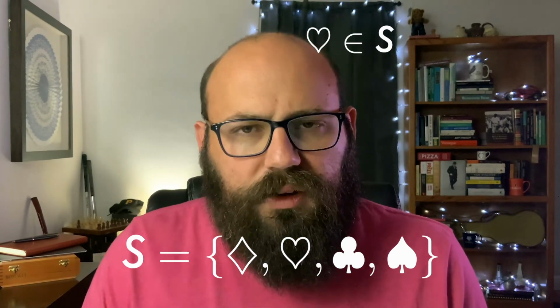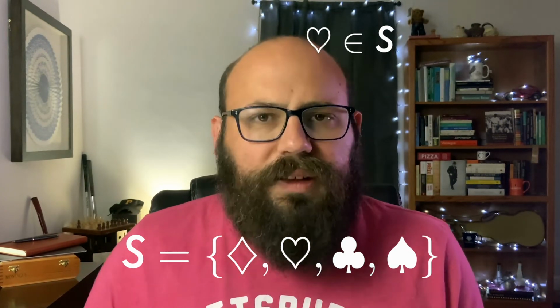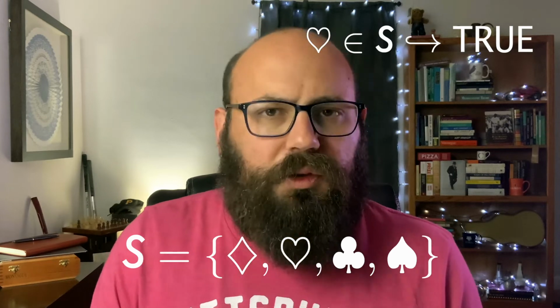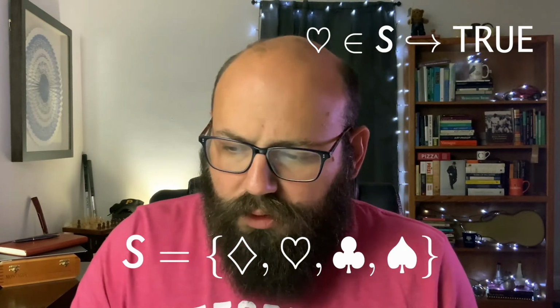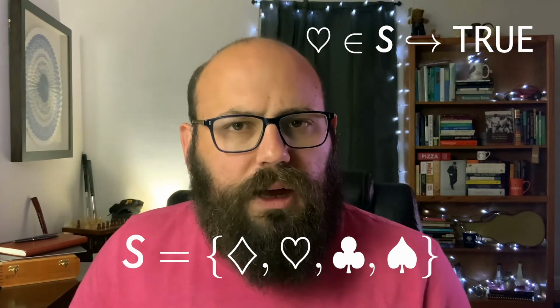So hearts is an element of S. That's a statement that is unambiguously true or false, and not both. So that evaluates to true because of how we defined S.